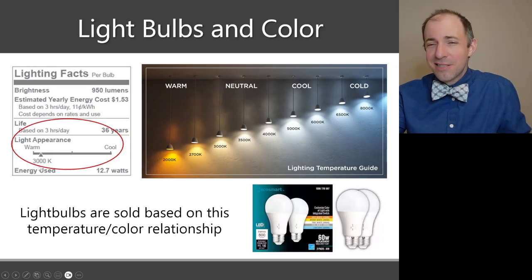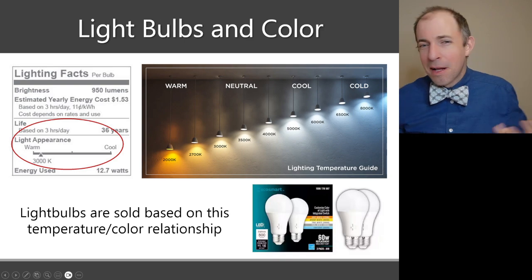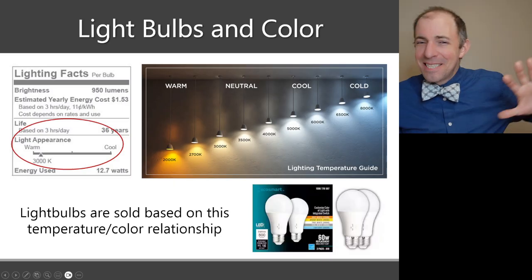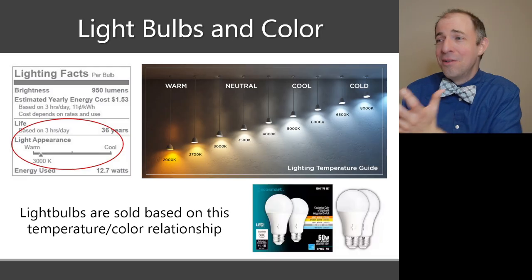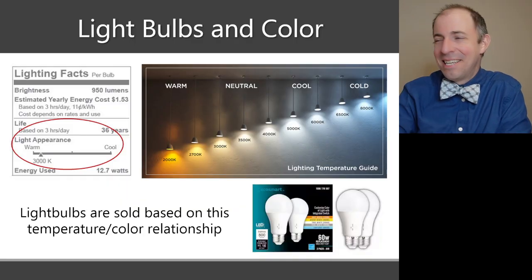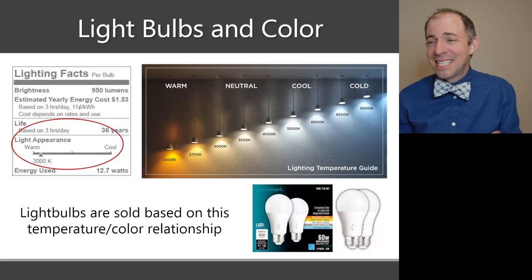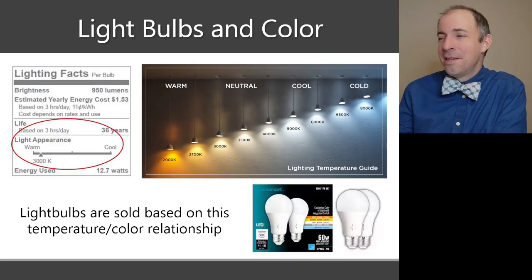So a warm light here is like 3,000 Kelvin, and then a cold light, a bluish light, is like 8,000 Kelvin. Now, this is different than what we just talked about, where the hottest stars are blue and the coldest stars are red. So don't lock this in as the comparison. But it's kind of a cool representation of how this color of light is connected to the temperature overall.